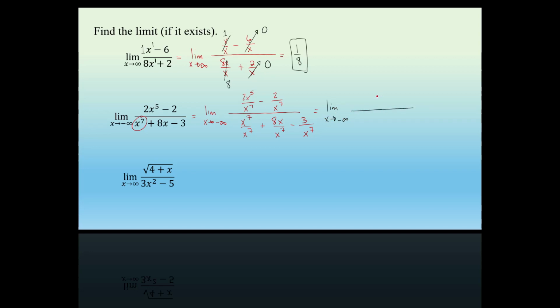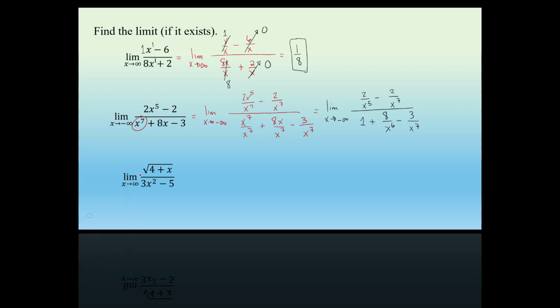This will become 2 over x to the 5th power minus 2 over x to the 7th power, all over 1 plus 8 over x to the 6th power minus 3 over x to the 7th power.